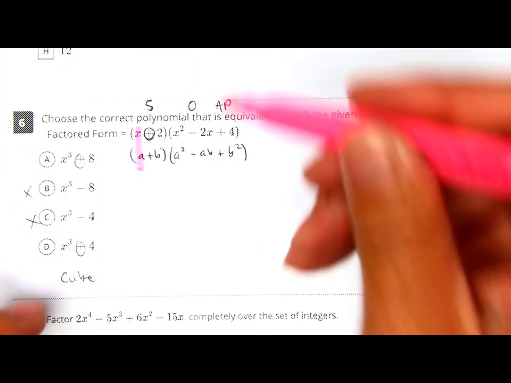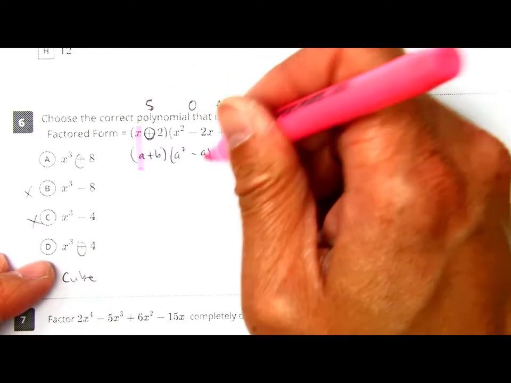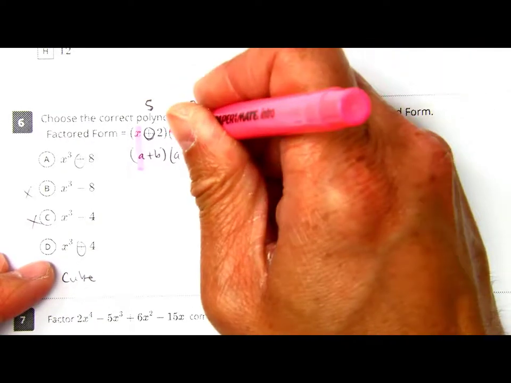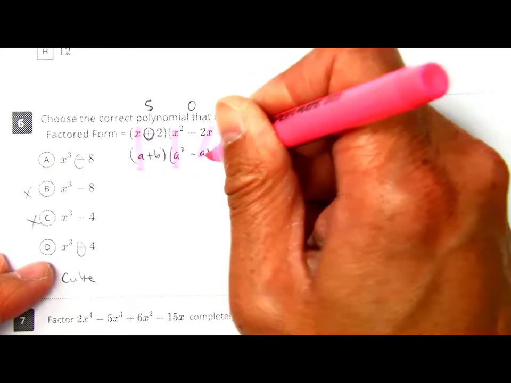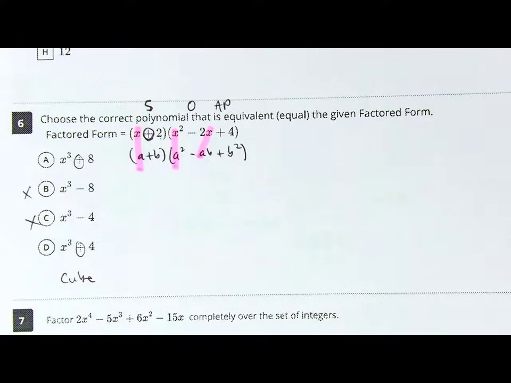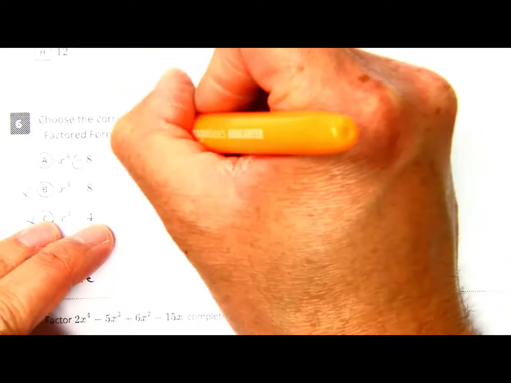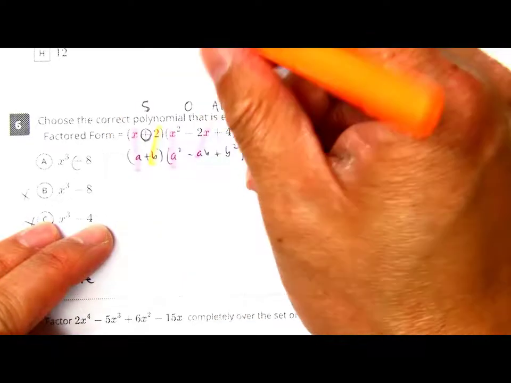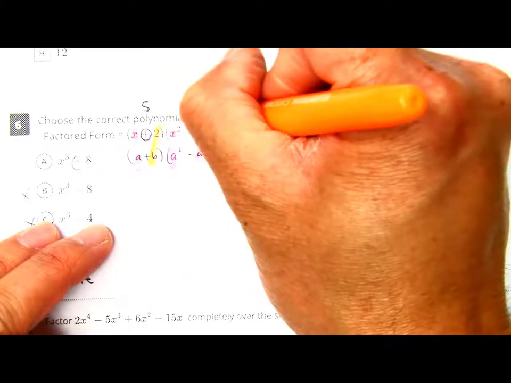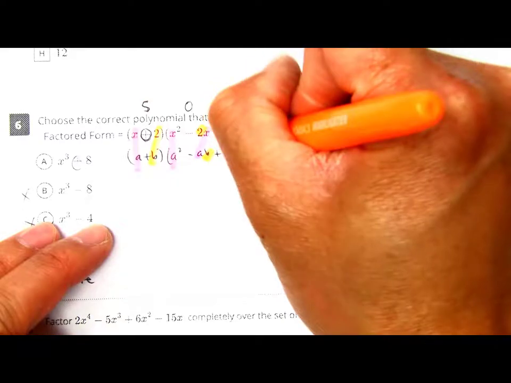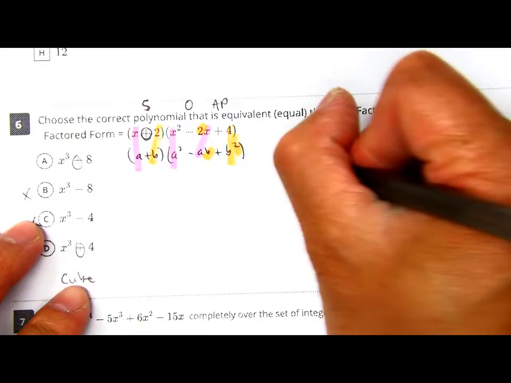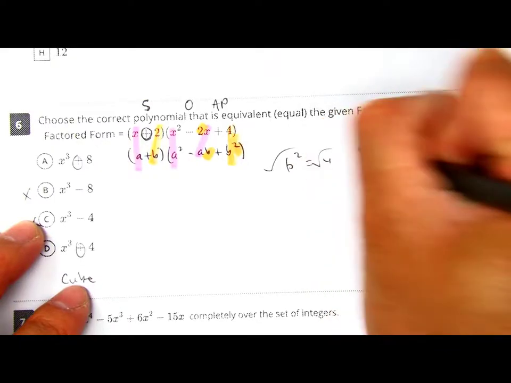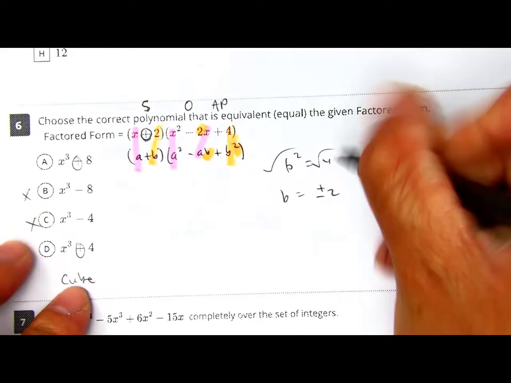You can see that this one's kind of mixed, and this one's kind of crossed. You could have negative ba, it's the same. And then b is a positive 2, because you have the negative sign there, so b is 2. And you can see this here, where if you just made b squared equal 4, then b has to be positive or negative 2, but we've seen that right here.